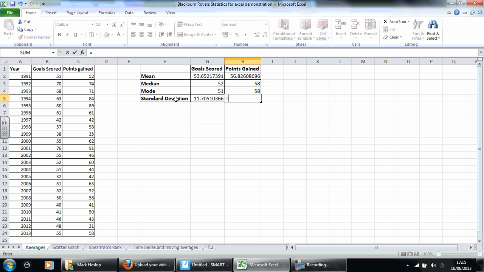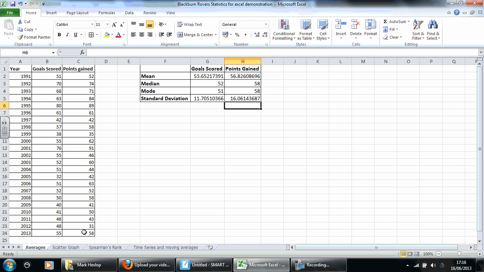Of points gained, again, STDEV.P. Standard deviation points gained was 16.1 to three significant figures. Well, that tells us that the points gained is varied more about the mean than the goals scored.